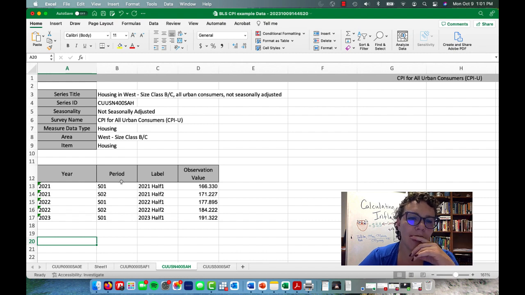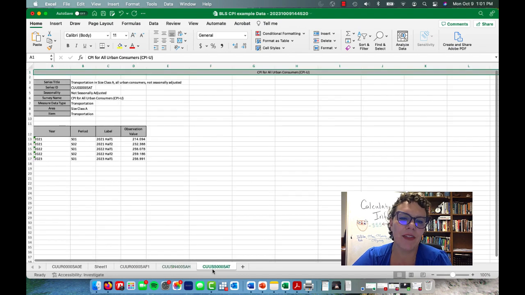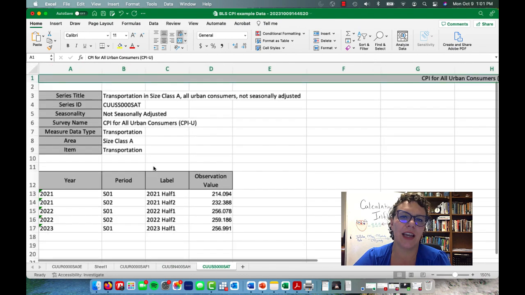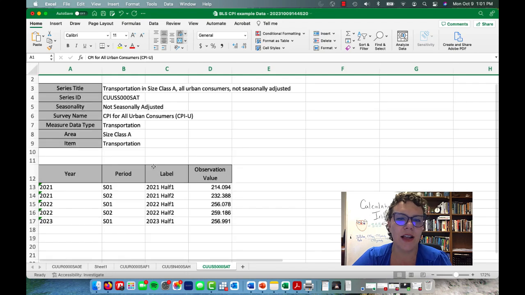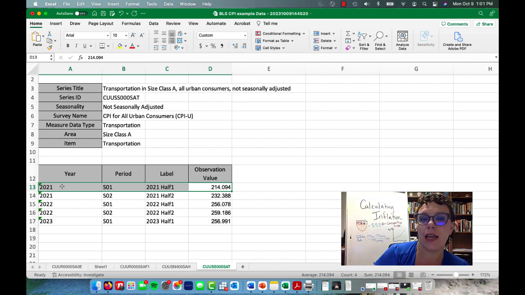This is housing in the West, sizes B and C. And so I've got the first half of 2021 and the second half, and then the first half of 2022 and the second half, and then the first half of 2023. And then I have the same for transportation costs, Class A, all urban consumers. What I want to do is find something that's consistent across all of my categories.